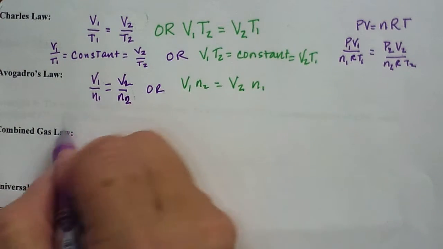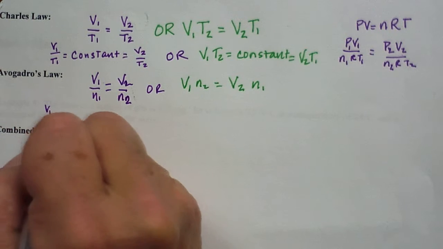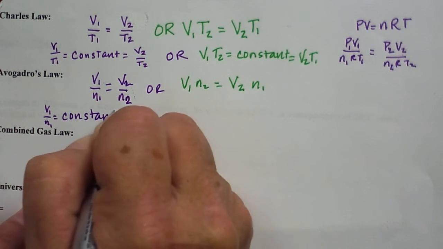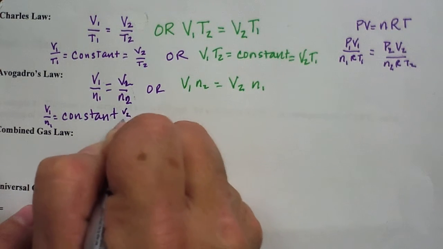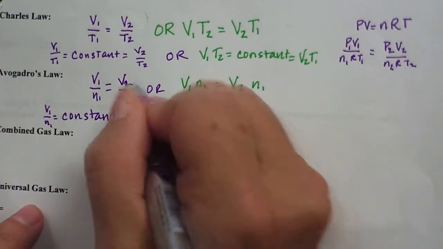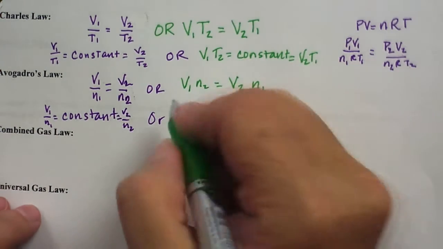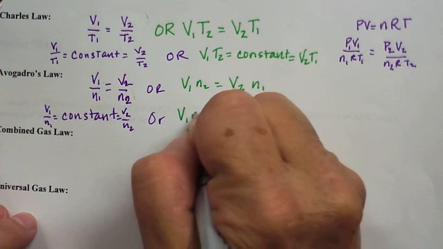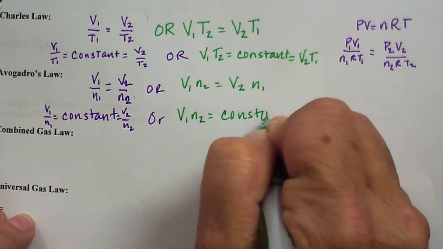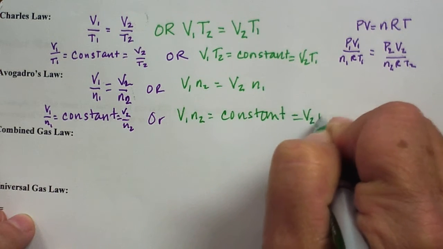So if we add the constant in, we have V1 over N1 equals the constant, and then V2 over N2, right? Or V1 N2 equals constant equals V2 N1.